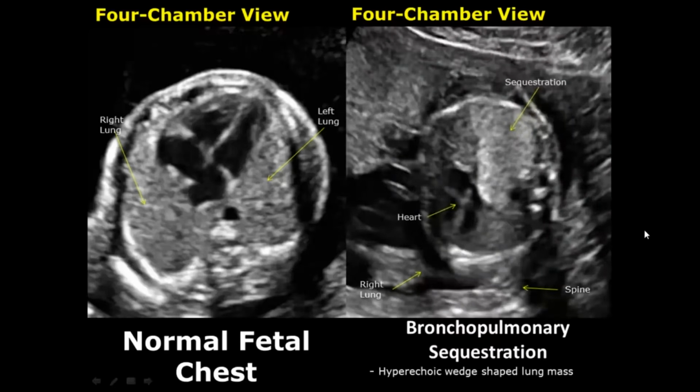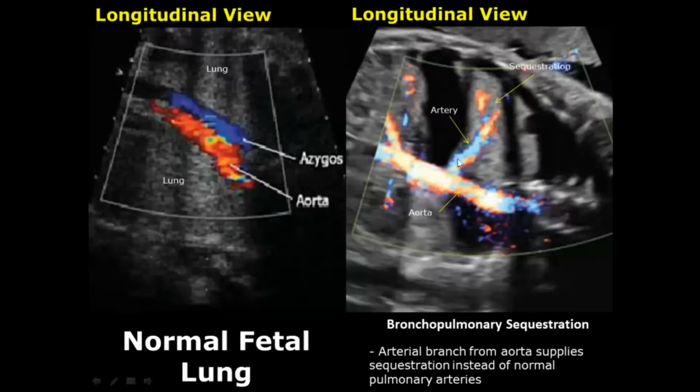A bronchopulmonary sequestration is defined as abnormal lung tissue that is disconnected from the tracheobronchial tree and is a non-functioning lung tissue, and it usually appears as a wedge-shaped hyperechoic lung mass. On color Doppler, we will see a branch from the aorta supplying the sequestration.